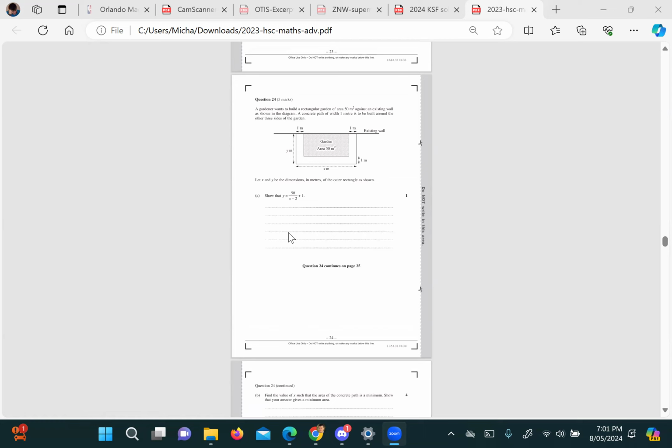So the total area of the smaller section is 15 meters squared, and that is equal to y minus 1 times x minus 2, because it's the total area of the concrete and then we subtract the difference. So y minus 1 multiplied by x minus 2 gives us 50 meters squared.